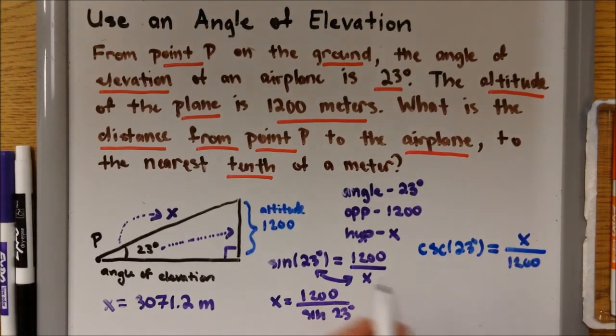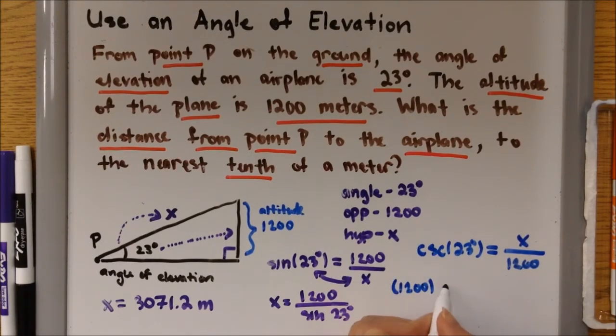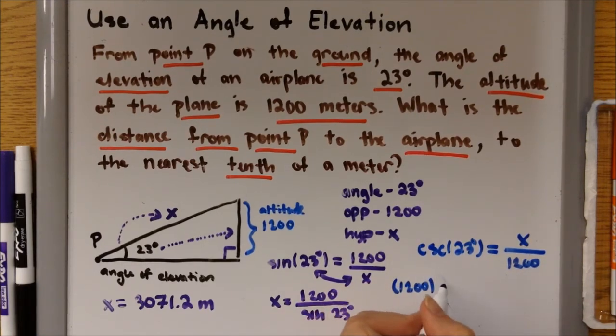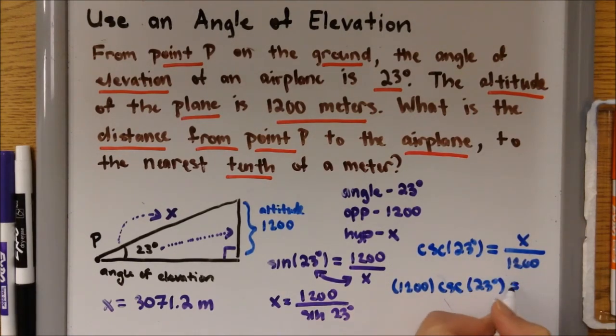If I get x by itself, I would multiply both sides by 1200, and this is what it's going to look like: 1200 times cosecant of 23 degrees equals x. Now I'm going to type that into the calculator and see what we get.